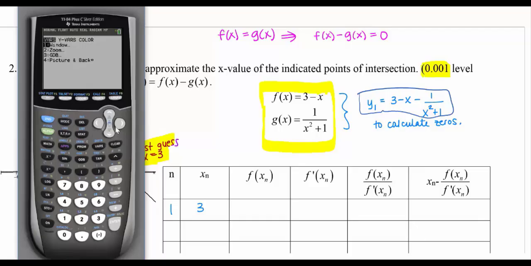So that's vars, go over to y vars, hit enter on function, hit enter on y1, and I want to do this right now for all x in its domain. And then I can still say that I want to take y1, so vars, go over to y vars, function, y1 divided by y2.